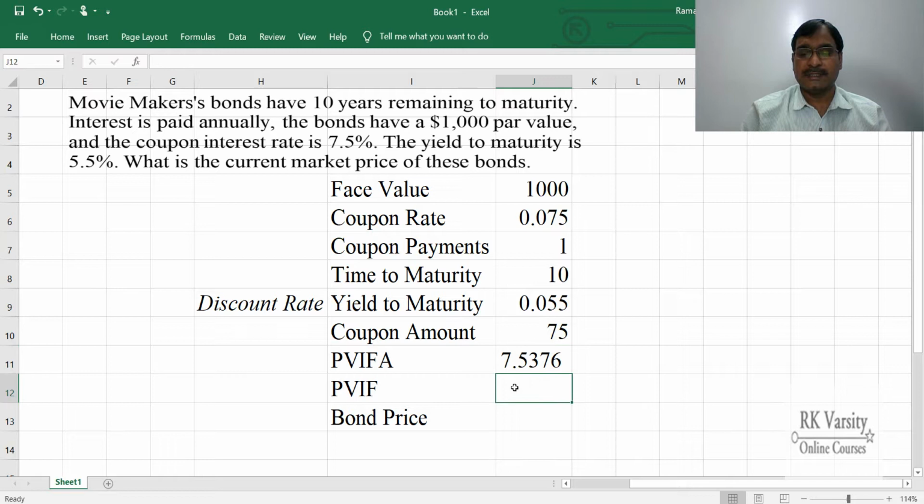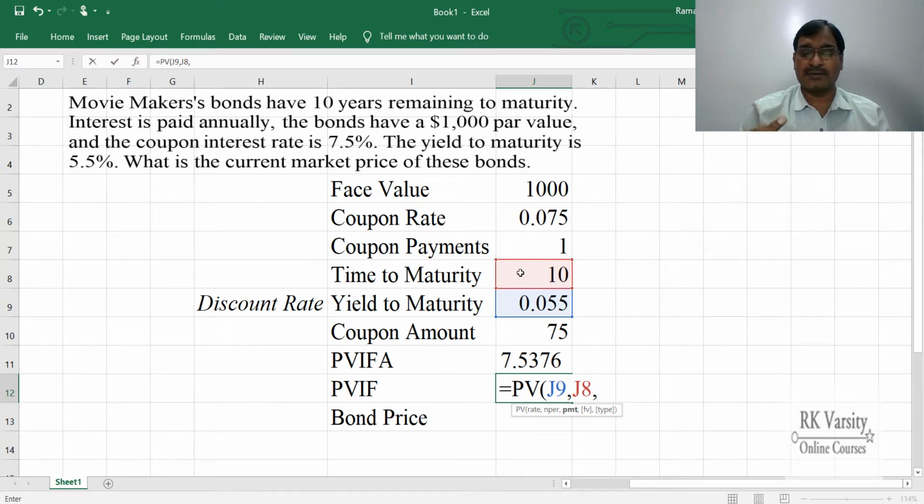Next, calculate the present value interest factor. Here use the same PV function, then rate is your discount rate, that is yield to maturity. Select this one, then place a comma, the number of periods, that is time to maturity, 10. Select this one, place a comma. Here we use the present value interest factor to evaluate the present value of a face value which you are receiving at maturity.